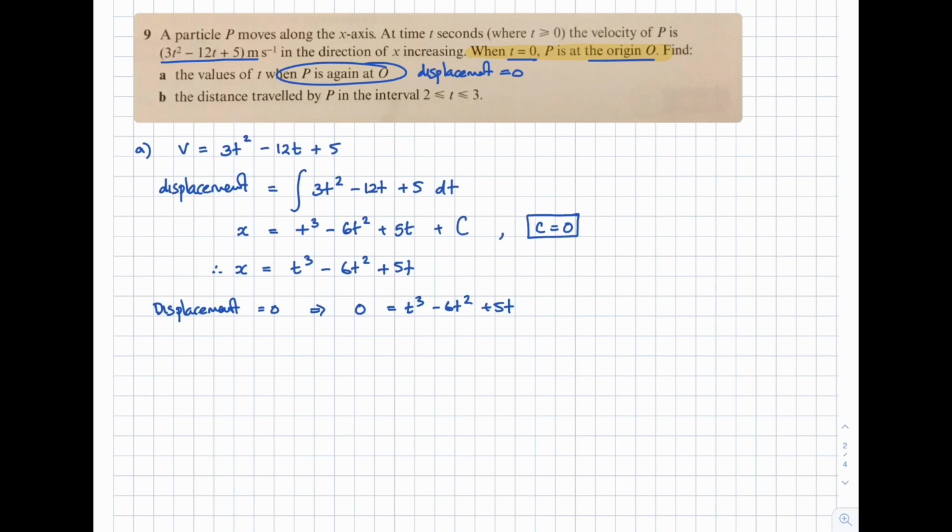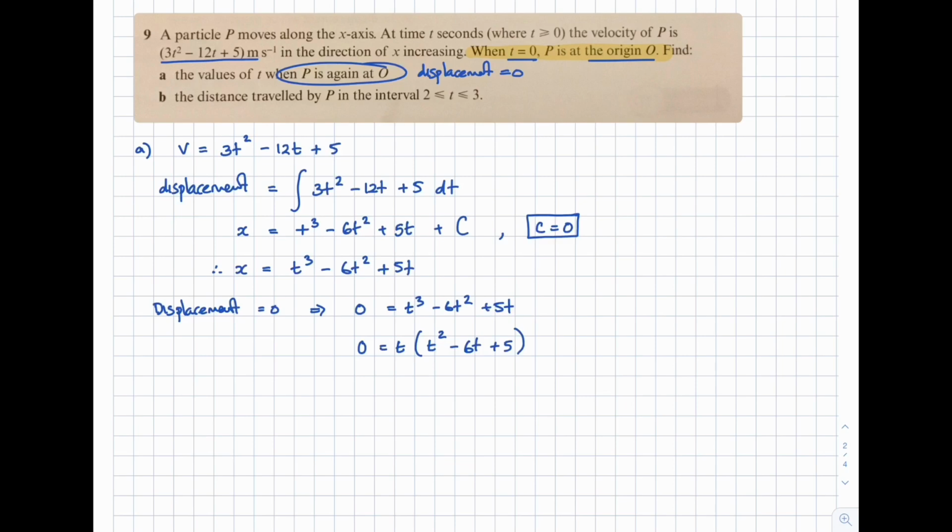What's common? t is common to all three terms, so we can factor out the t, and as a result of that we end up with a factor t squared minus 6t plus 5.